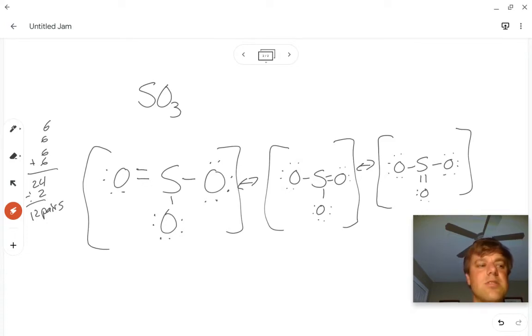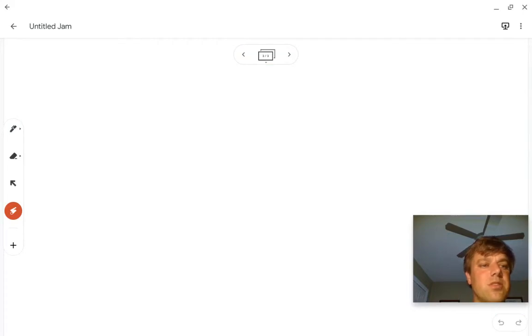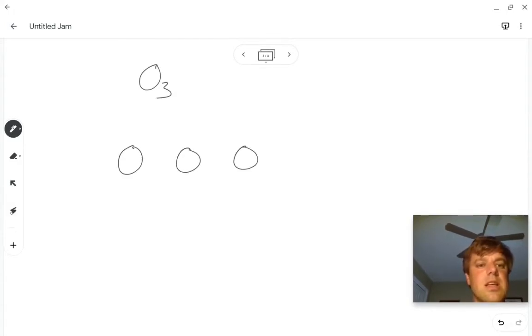We're going to look at just one more example of this. This is a molecule I like to talk about. It's the O3 molecule, which is ozone. And we've got 3 oxygens, each with 6 electrons. Add them up, it's 18 electrons, or 9 pairs.